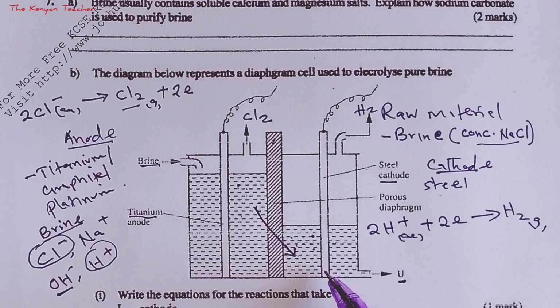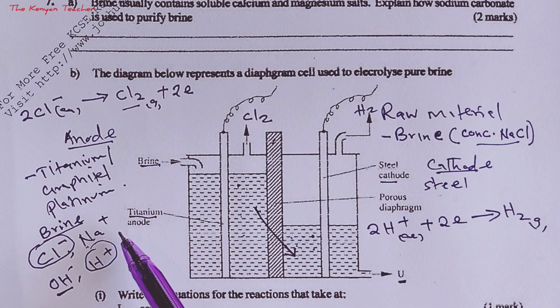So now let's look at how we are able to produce sodium hydroxide. On this side, we discharge chloride ions and we leave mostly sodium ions in the solution that now permeates through our diaphragm. There is a lot of sodium ions that are there.